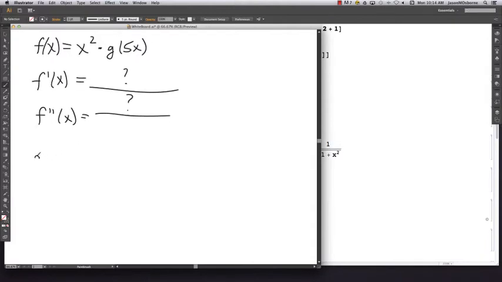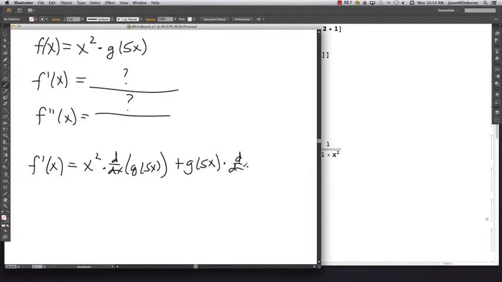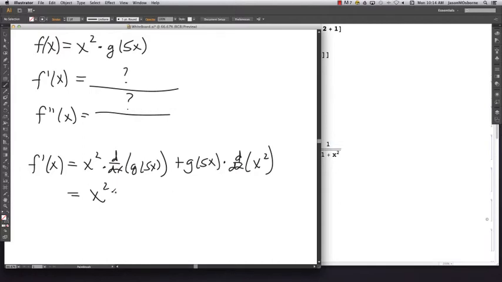Okay, so f prime of x is the first times the derivative of the second function. This is just the product rule, plus the second function times the derivative of the first function. So x squared multiplied by g prime of 5x times 5, plus g of 5x times 2x.